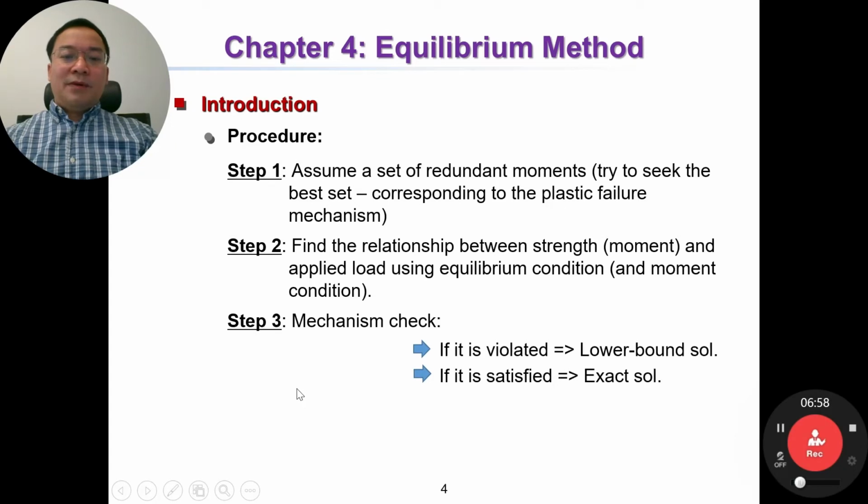But if the mechanism is satisfied, then the solution is the exact solution. So we have three steps for the equilibrium method in plastic analysis.